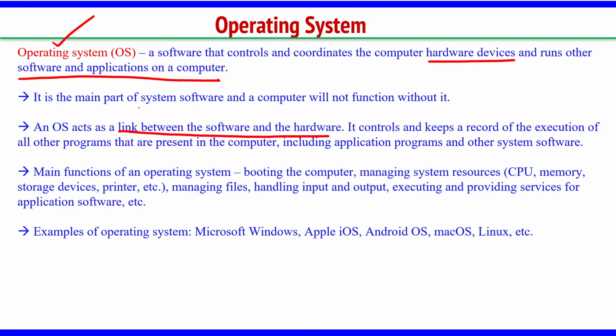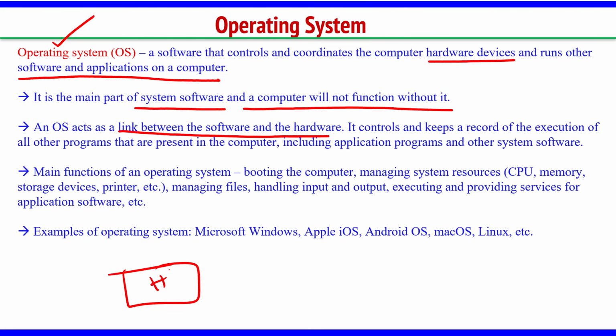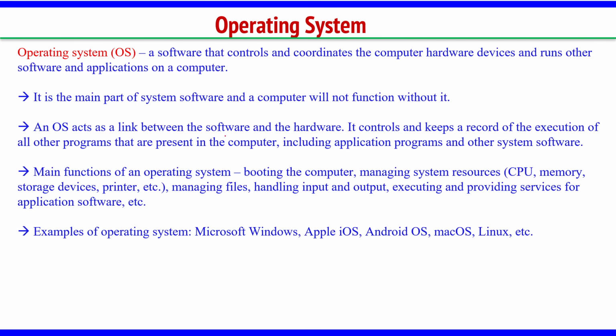It is a main part of the system software, and a computer will not function without it. Software cannot exist without an operating system, and hardware and software cannot talk to each other without its help. That's why the OS acts as a link between the software and the hardware.